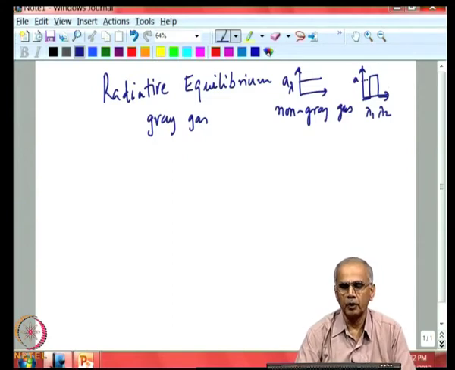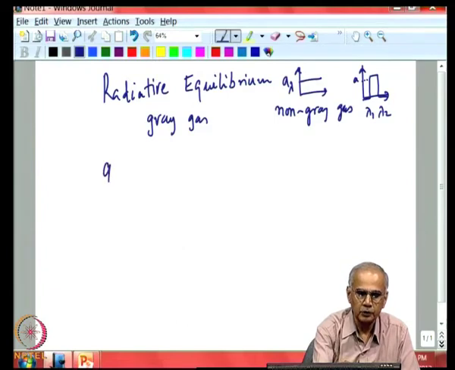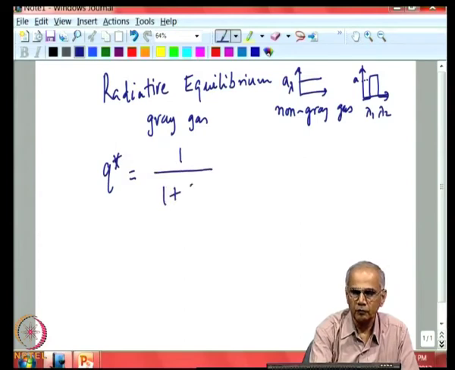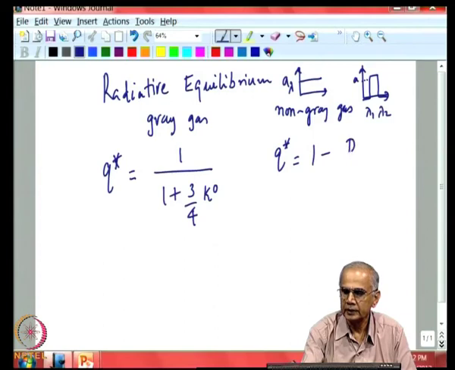It is a very simple model for a non-gray gas, and the results we got for the non-dimensional flux were: for the gray gas, 1 by 1 plus 3/4 the total optical thickness, while in the non-gray gas case it was 1 minus D by 1 plus 3/4 kappa 0.